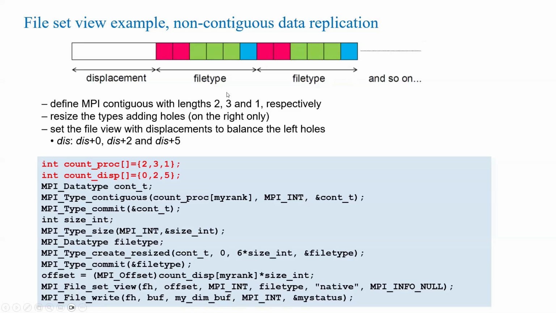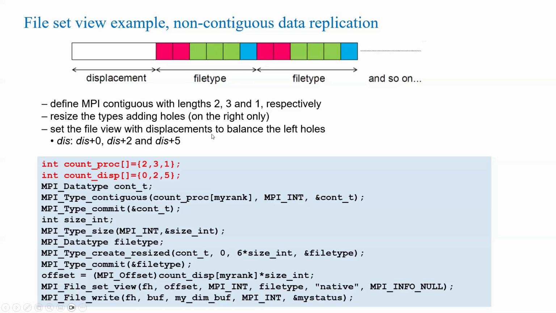In this case, each process will need to resize the type, adding holes on the right, to specify how many holes follow. And then each process will need to determine its displacement. For example, the first one will start from 0, the second one will start from 0 plus 2, and the last one from 0 plus 5.